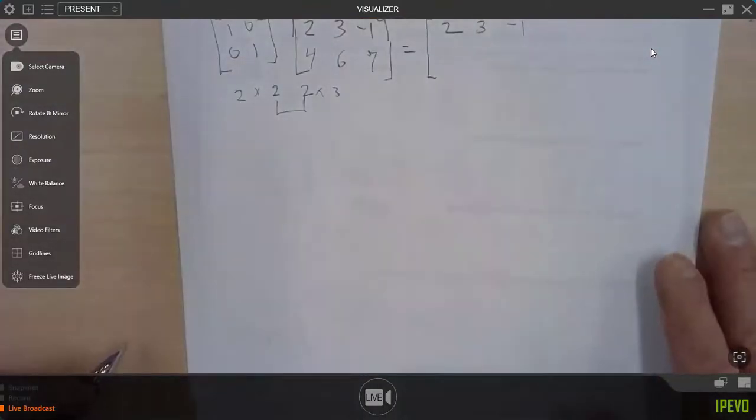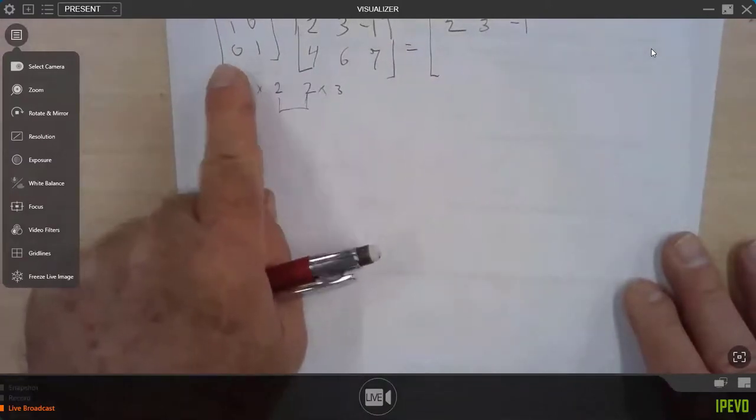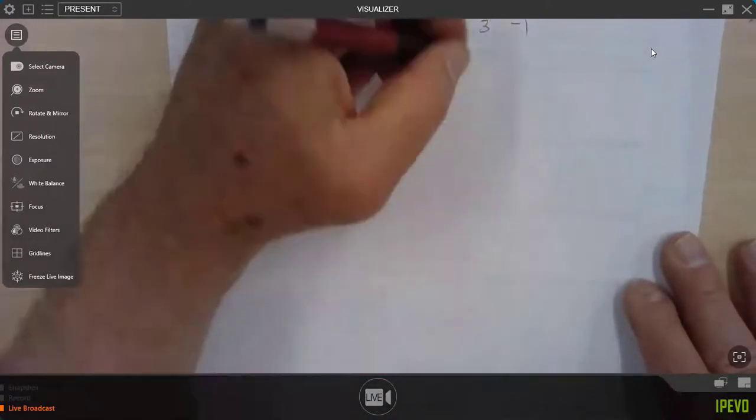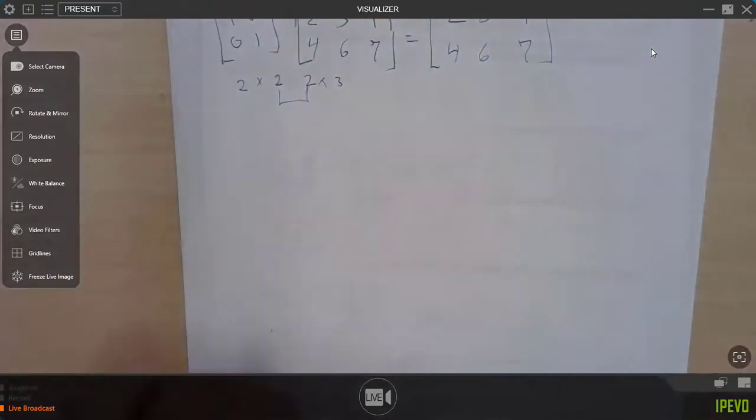I get that first row back. And now when I take these times the second row, it picks off the second element, 4, 6, 7. And if you check these with your calculator or Octave, you'll find out they agree.